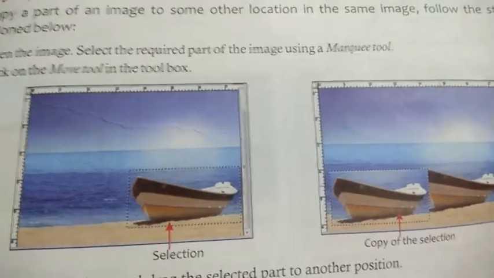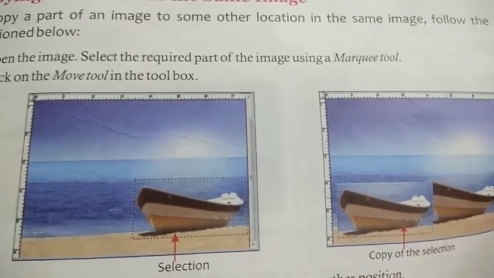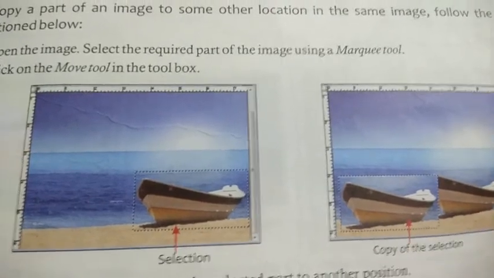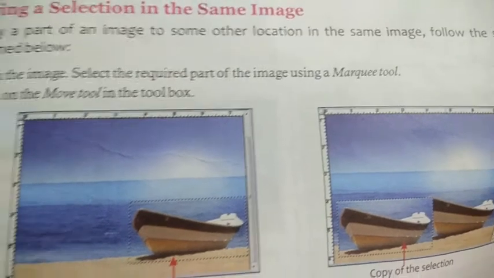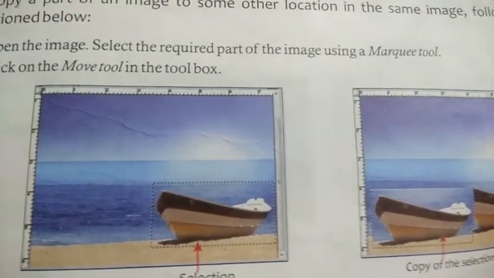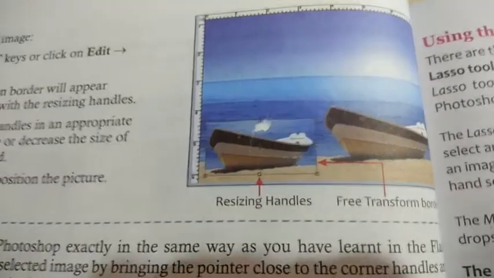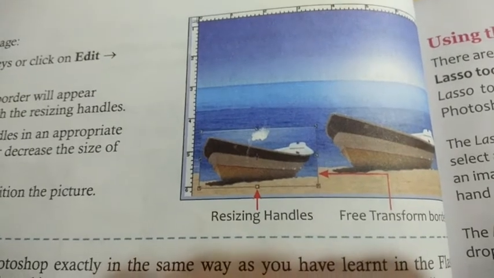Compare the two pictures. First select the selection area, and then copy the selection to the same picture as it is in your software. Now look next: resizing handles and the free transform border. Look at this picture properly.